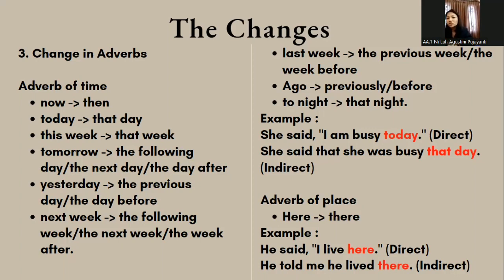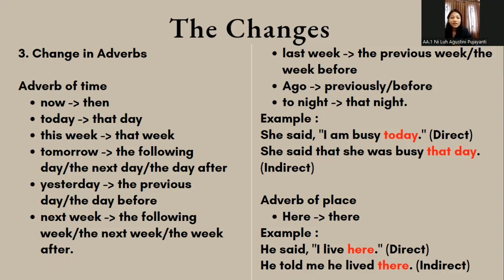Yesterday changes into the previous day, the day before. Next week changes into the following week, the next week, or the week after. Last week changes into the previous week and the week before. Ago changes into before. Tonight changes into that night.